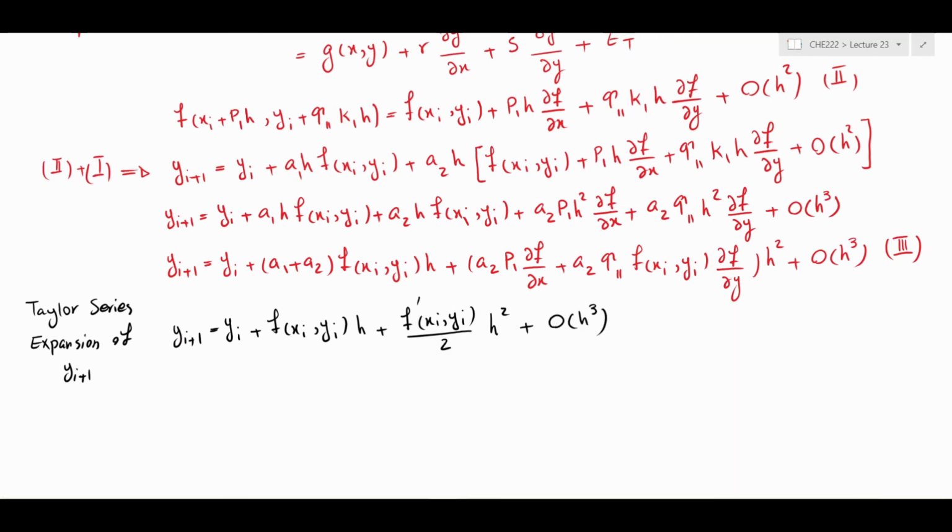And if you notice, now that we use more terms in the Taylor series expansion, f prime also appears here, which is the first derivative of f and the second derivative of y. So I use the chain rule to expand f prime.